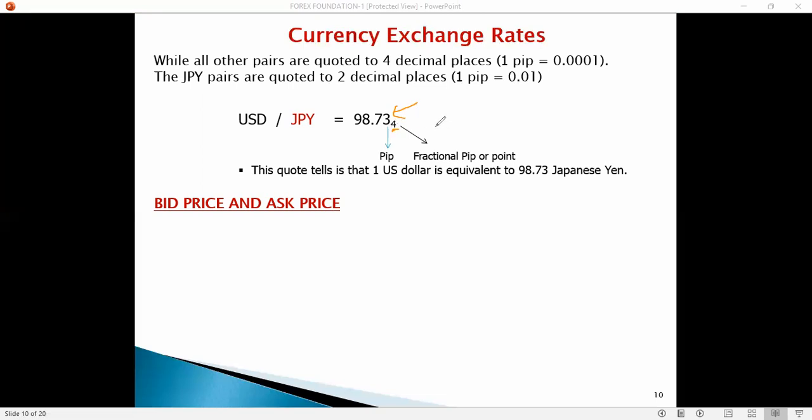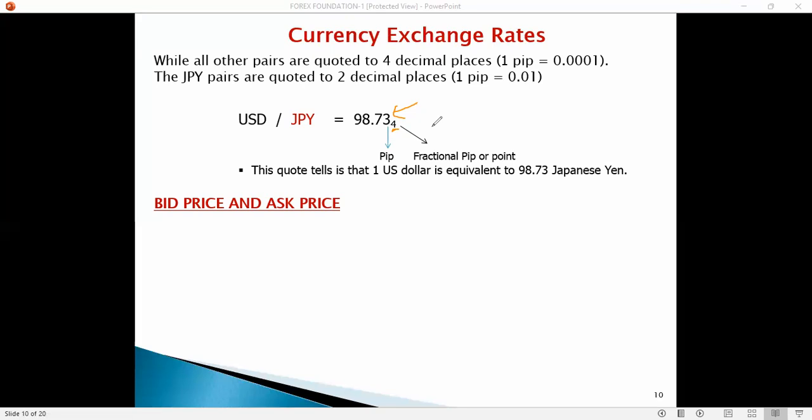I'm going to share with you later on, probably tomorrow or the next day, how to calculate with fractional pips and also with pips, two different ways, so that you have that in your knowledge base. Once you have it in your system, you'll be able to calculate all of this without any issue. I hope this is clear.